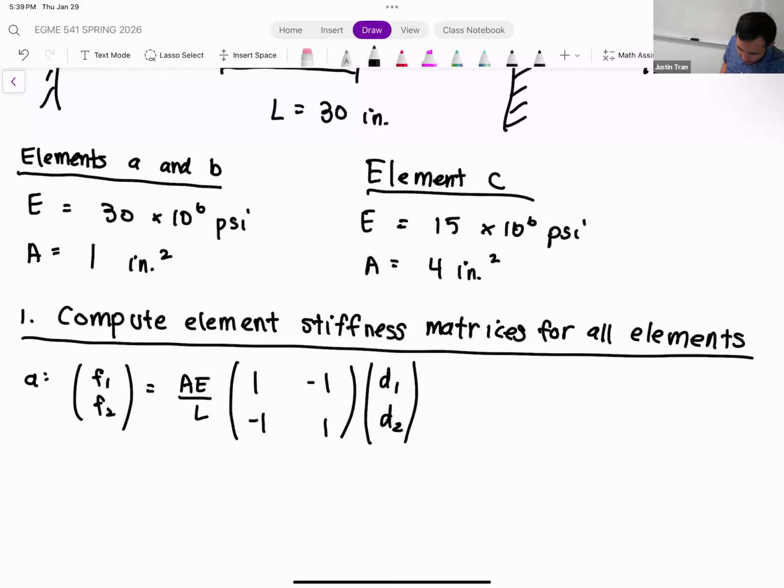All right, so of course, we're given values for all of these variables. Let's go ahead and plug them in. A for element A is 1 inch square. E is 30 times 10 to the 6th psi, and L is 30 inches.